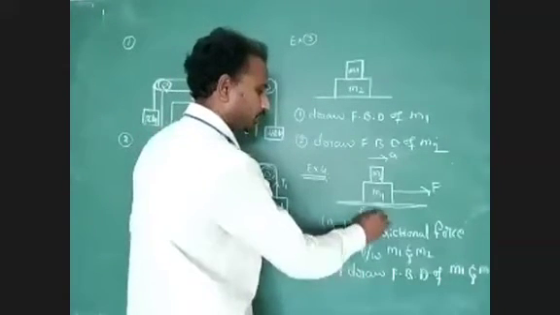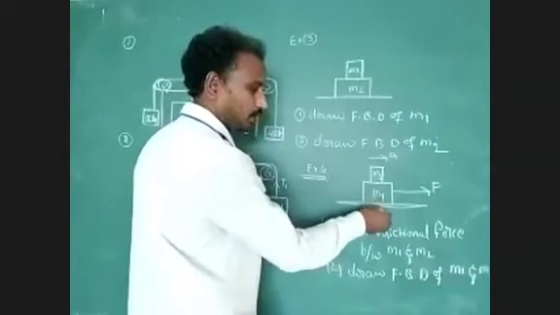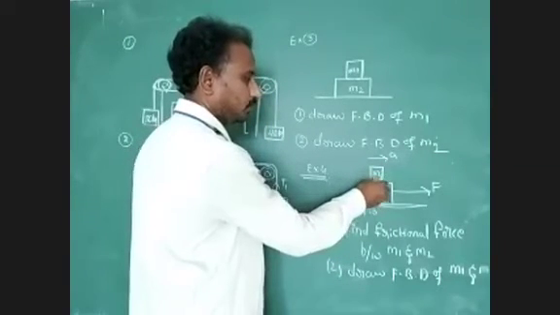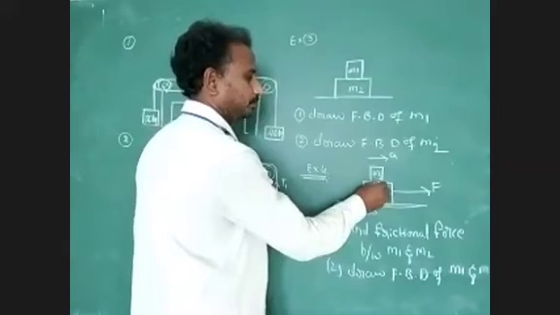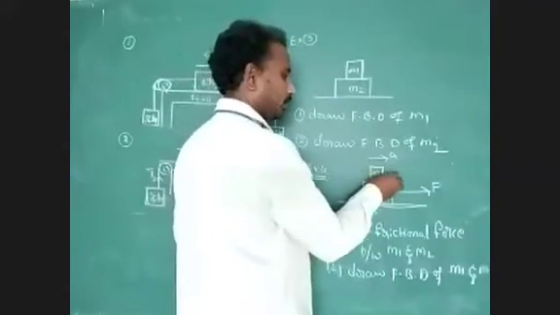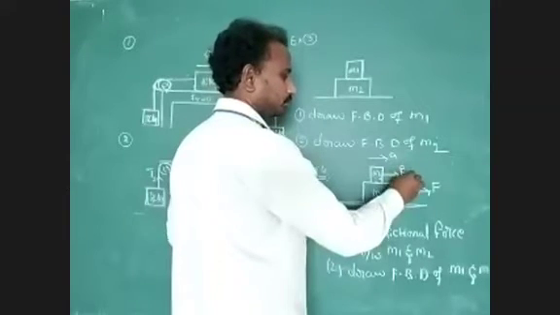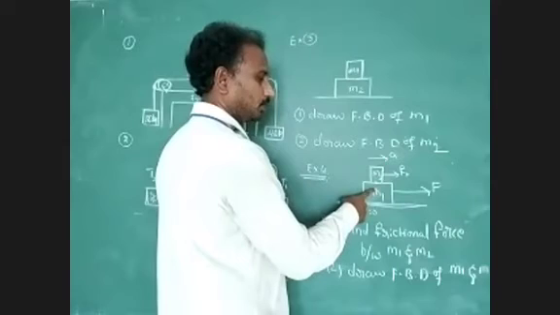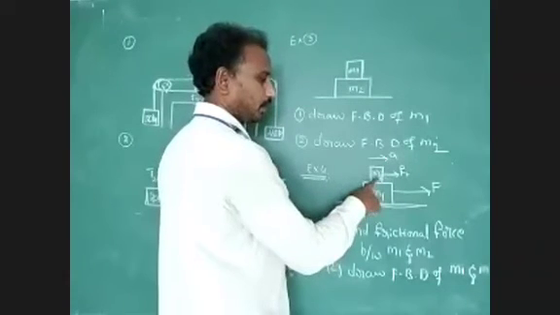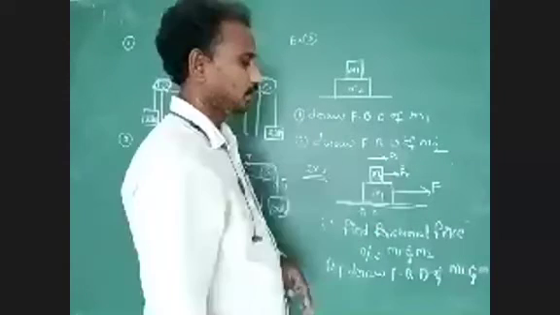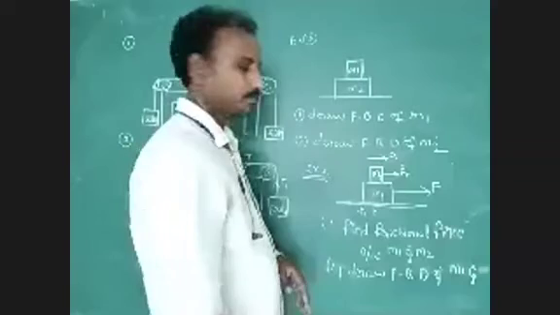Here the frictional force Fr equals 0 between M1 and the ground. But here the frictional force is not equal to 0. Here one frictional force is acting on M2 in this direction, provided by M1 on M2 in the forward direction.